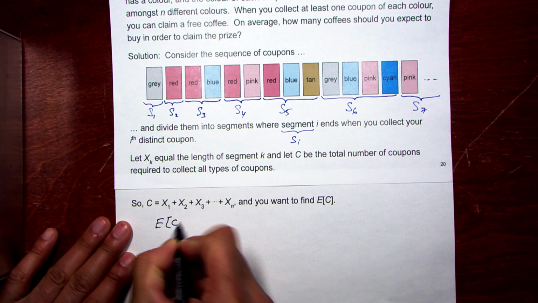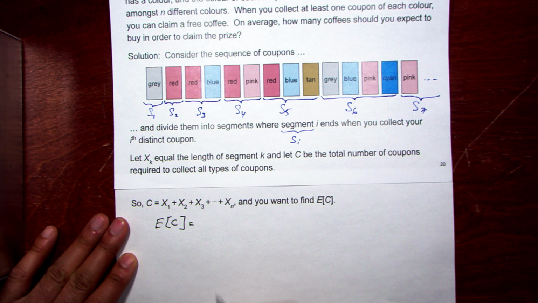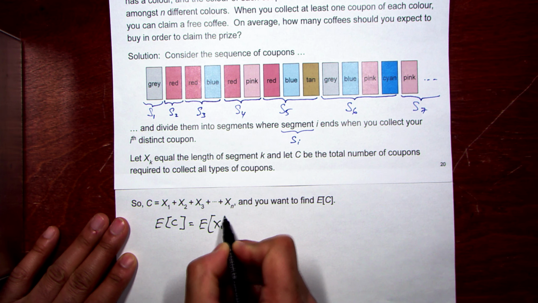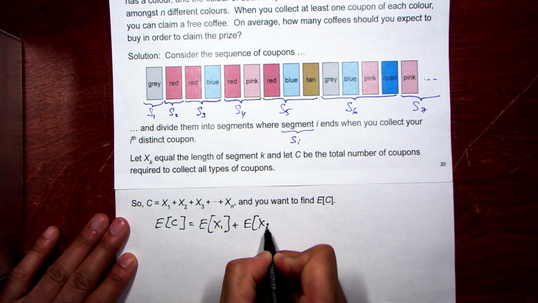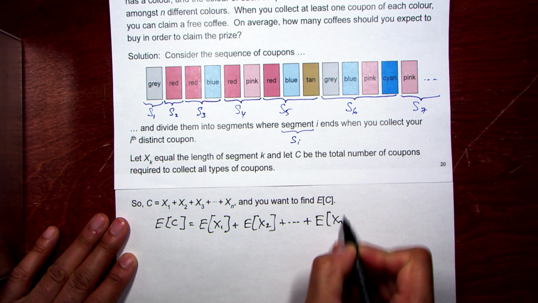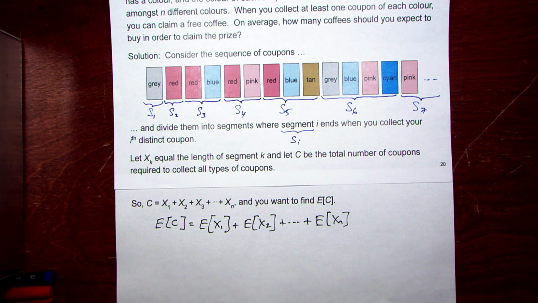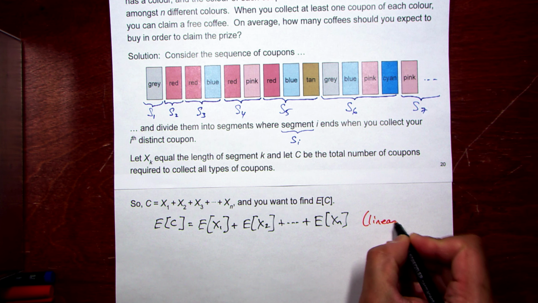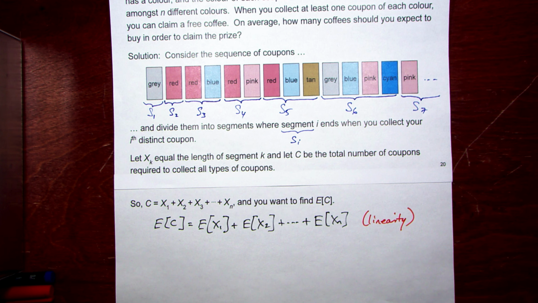So the expected value of C is the expected value of this entire thing, but by linearity, it's going to be the expected value of x1 plus the expected value of x2 plus, and so on, the expected value of xn. Again, linearity means we only have to pay attention to a small piece of this problem rather than the entire thing holistically. We still have to pay attention though.